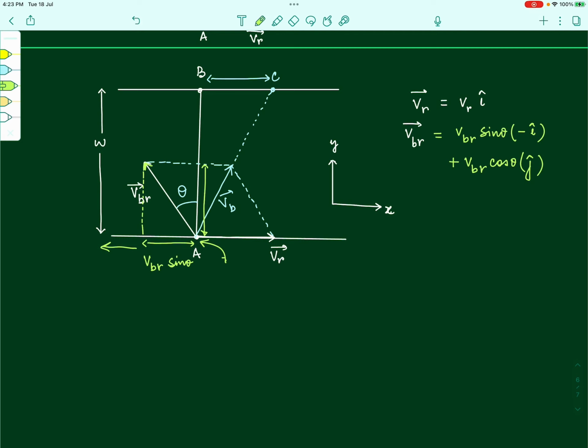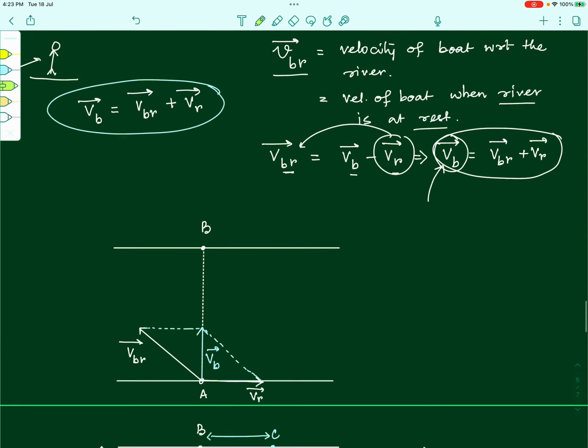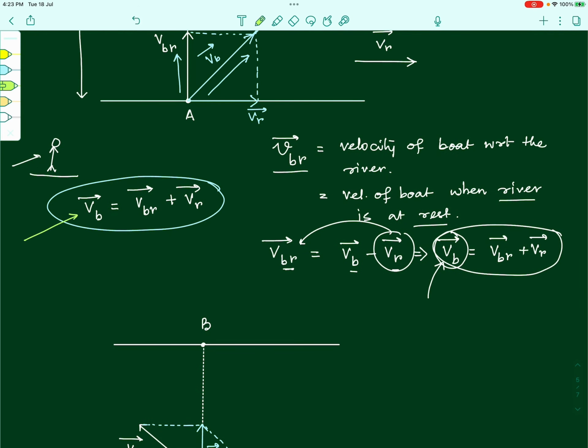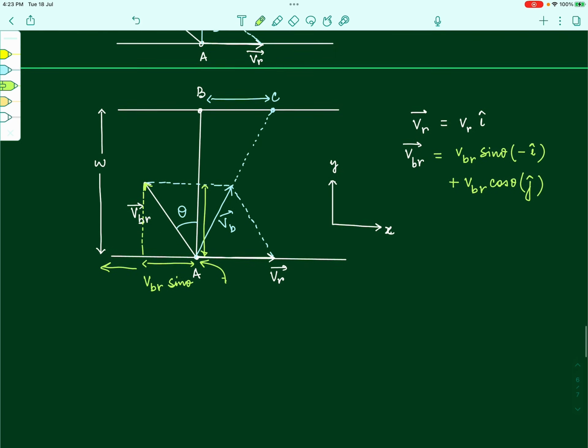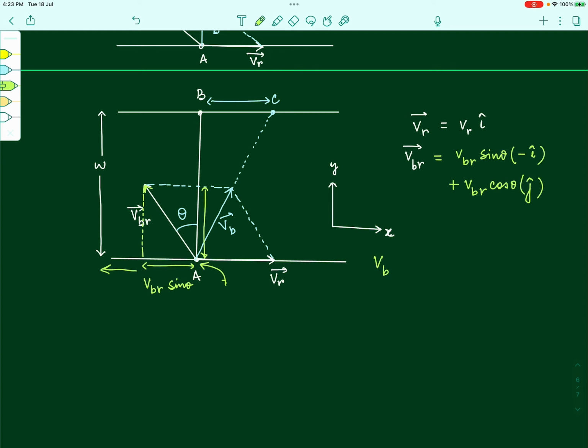Now, coming back to the expression above, the actual velocity of the boat is the sum of its velocity with respect to the river and the velocity of the river. When we add these, carefully see that both components are along the x-axis, one along the negative x-axis, the other along the positive x-axis.